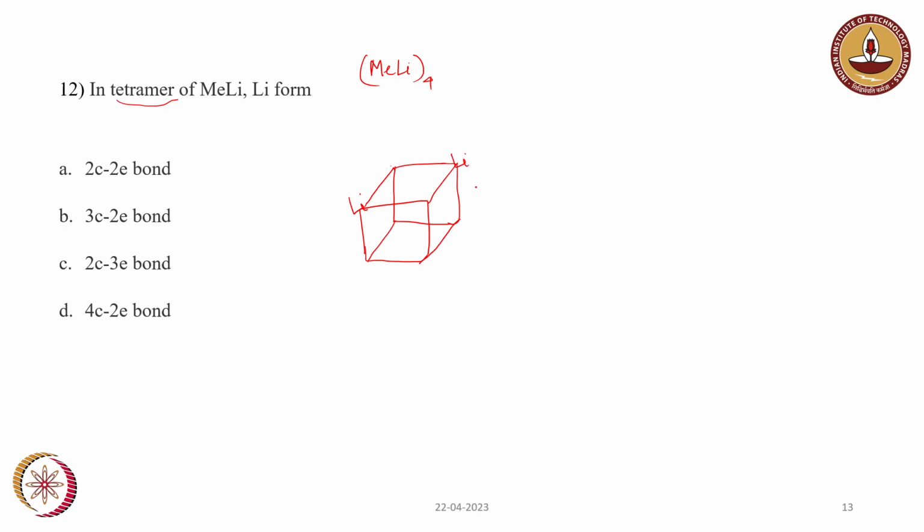So lithium is in opposite corners, and methyl group also in the opposite corners. So from here we can see that lithium will be in a tetrahedral geometry. So we can see there is a triangular face present here.